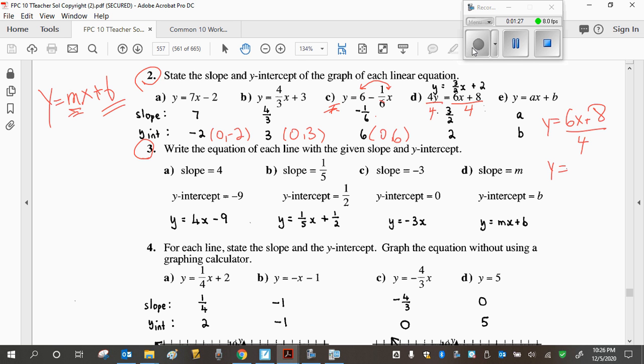So this becomes 6 over 4x, and this becomes 8 divided by 4, which is 2. Now you have to reduce that fraction, divide by 2, divide by 2, and as previously discussed, 8 divided by 4 equals 2. So slope, y-intercept.